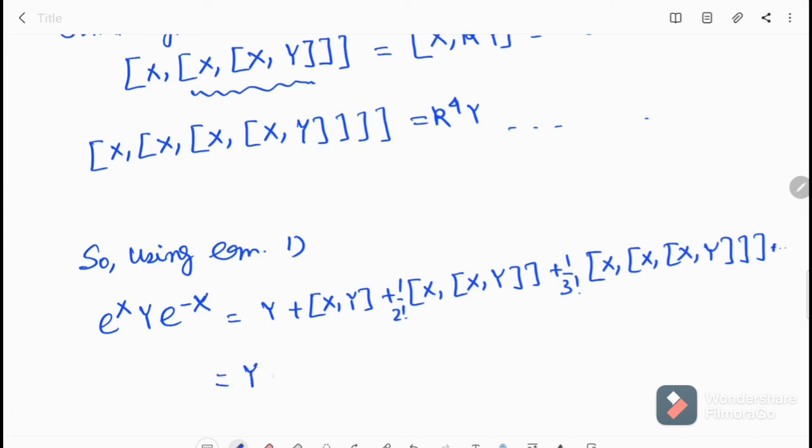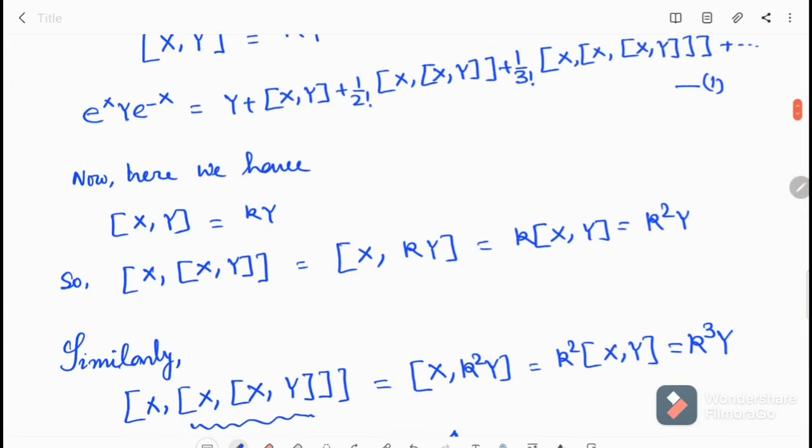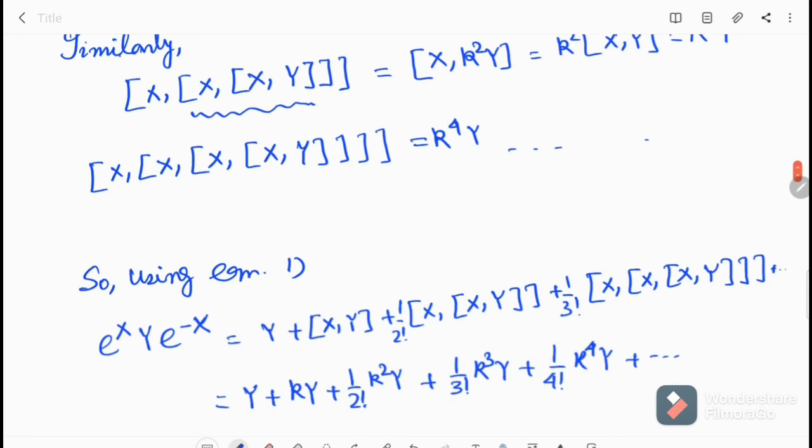Would be equal to y plus xy would be ky, then it would be 1 by 2 factorial k square y, and it would be 1 by 3 factorial k cube y. The next term would be 1 by 4 factorial k to the power 4 y and so on. You can see.